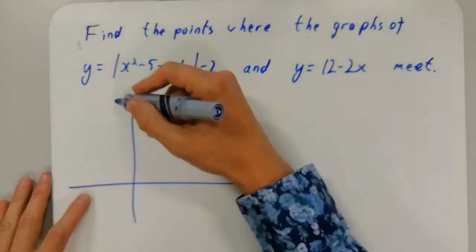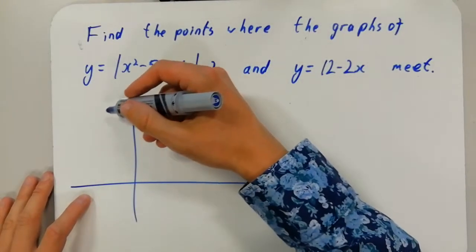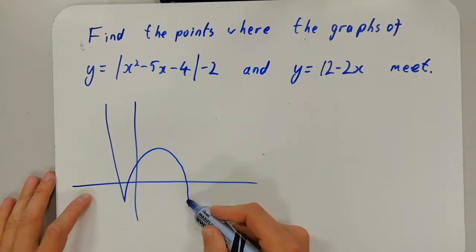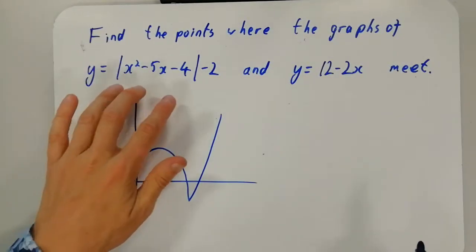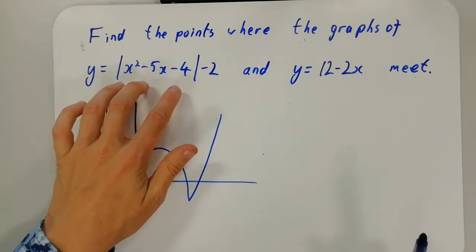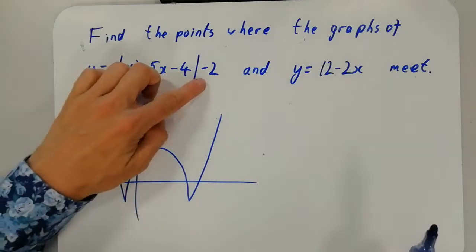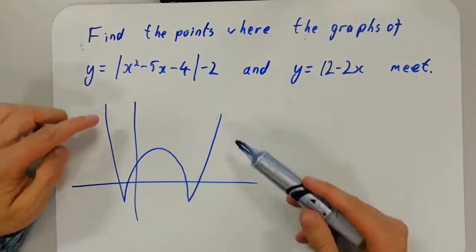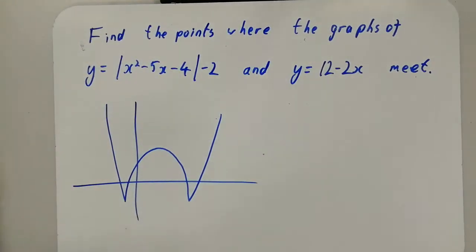This graph will look something like this. Okay, so it's a quadratic which has been translated down 1, and then it's a quadratic which has a modulus applied, and then it's been translated down 2, sorry.